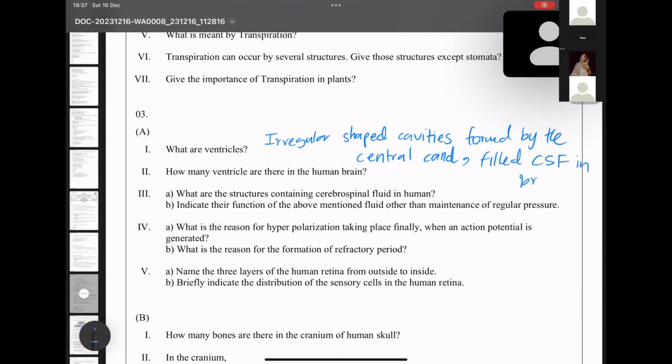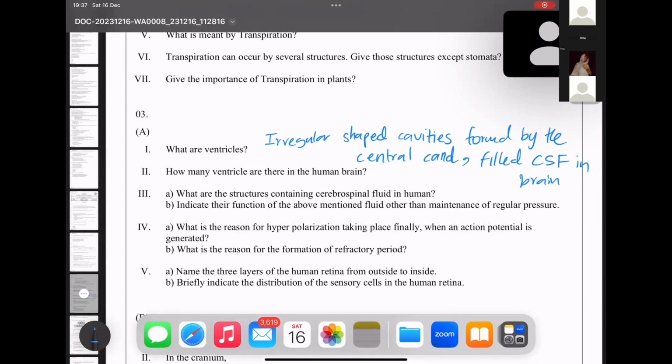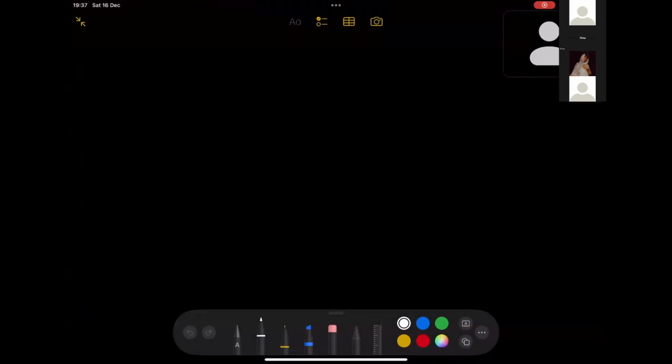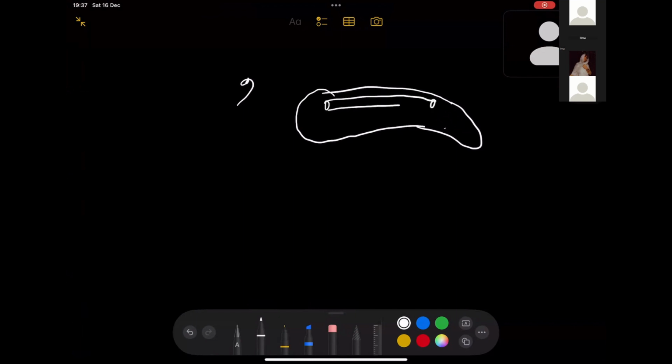Then, the first thing we have to know is the embryo. In the embryonic state, what's the shape of the human? It is the shape of a comma. If I draw the comma like this, it will be something like this. So that's the shape of the human embryo. Then there will be a hollow dorsal nerve cord like this.